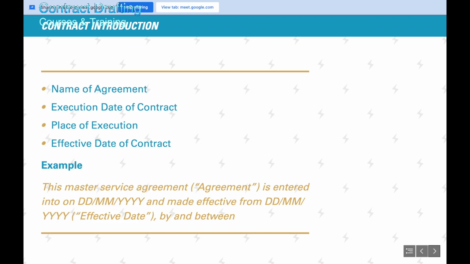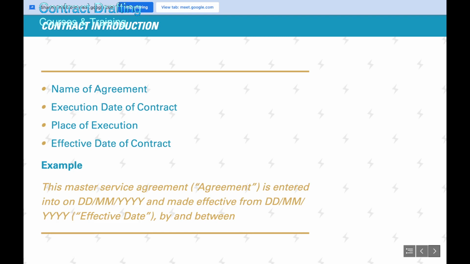The sample language that I have suggested, I'm reading that: This master service agreement, which is defined as agreement, is entered into on so and so date and made effective from so and so date, which is defined as an effective date, by and between X and Y.